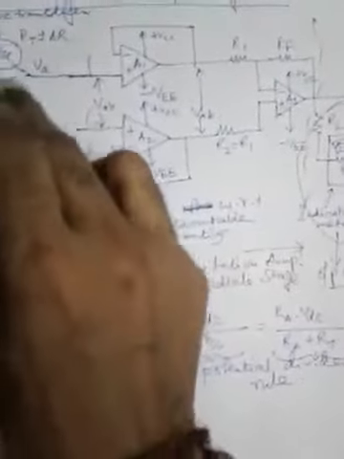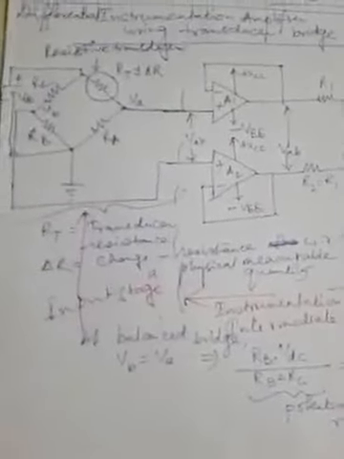So these two expressions are written using the potential divider rule, where RA and RT are connected in series and RB and RC are connected in series across VDC. That's why the potential divider rule can be applied for finding both VB and VA.